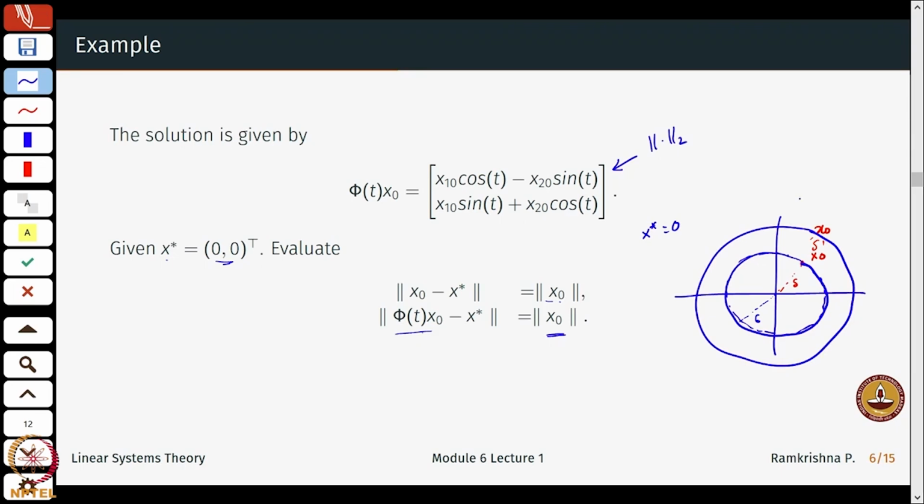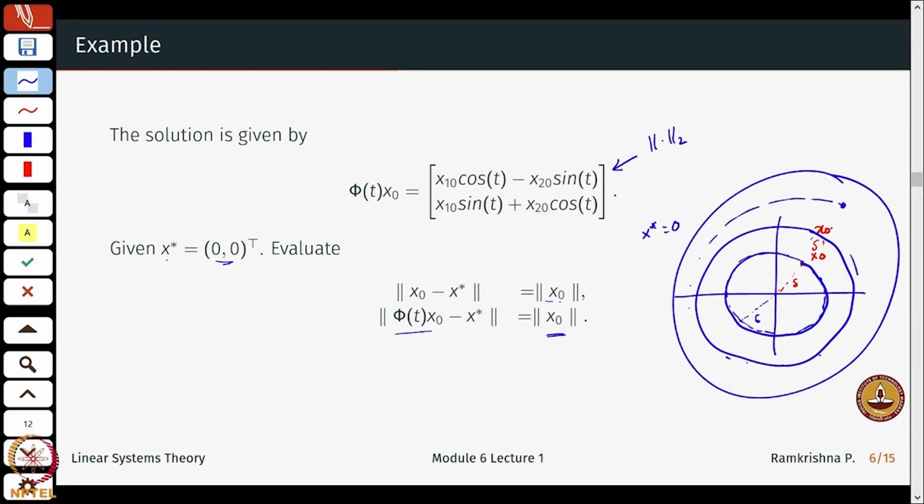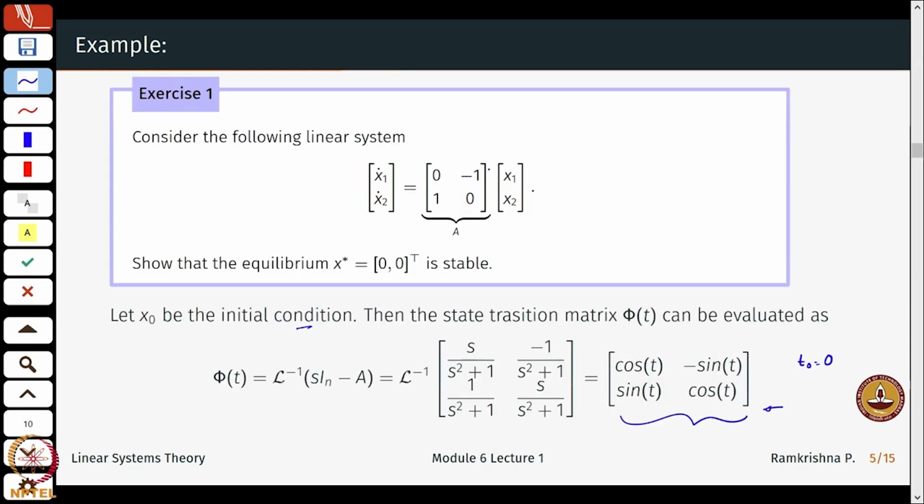So I can just take a larger ball like this, start from an initial condition here, and the solutions will just be inside this. Okay, so it is a very nice and trivial example, but it gives us a nice understanding of stability. It is easy to check that this system will have complex eigenvalues and so on.